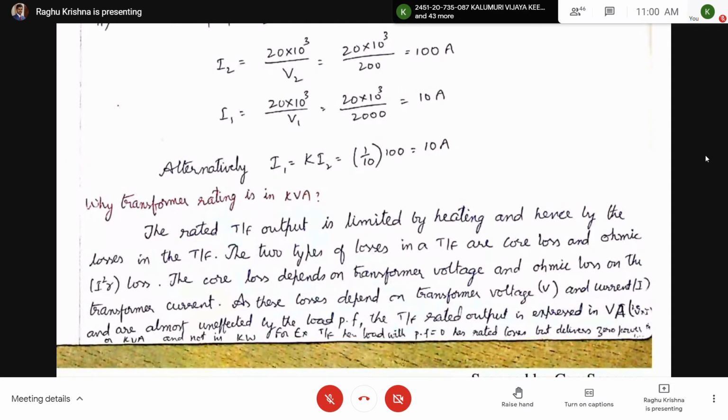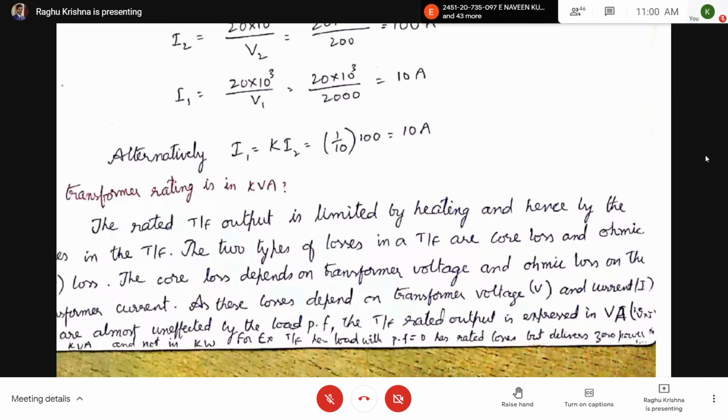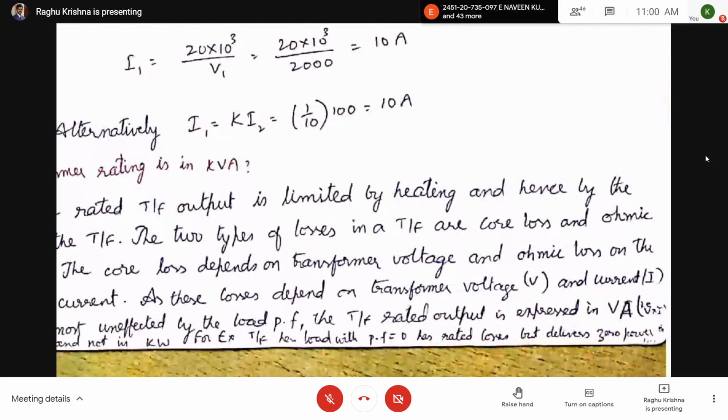Now here you have two types of losses: core losses and ohmic losses. Ohmic losses are also called copper losses. The core losses depend upon transformer voltage, and the ohmic loss, that means copper loss, depends on the transformer current. As these losses depend on voltage and current and are almost unaffected by the load power factor, the transformer rated output is expressed in VA or kVA.